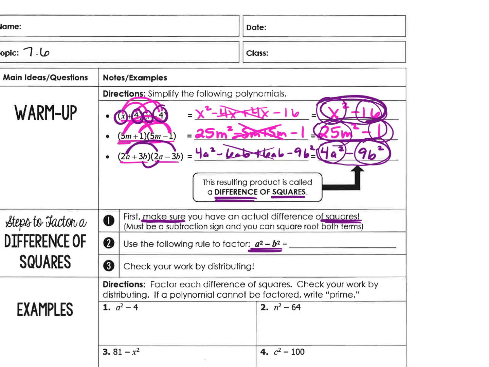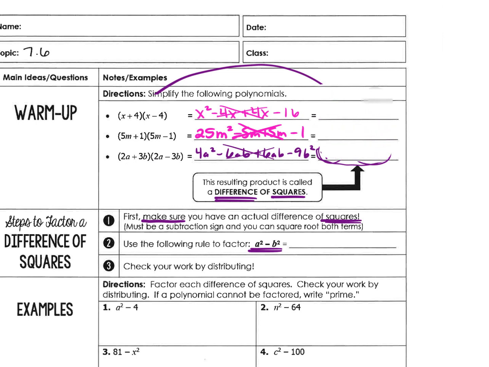So notice when it was a difference of squares, it came from the square root of each. Let me just get rid of this real fast so I can show you what I'm looking at here. Okay, so this was x squared minus 16.